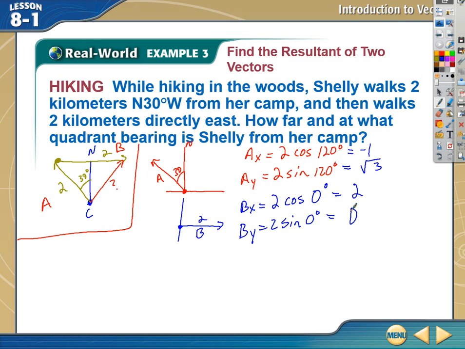They want to know the resultant, right? Because vector A plus vector B is supposed to get my vector, let's call it C. So A plus B equals, the way I do it, I break it up into A x plus B x, which is -1 plus 2, that's 1.